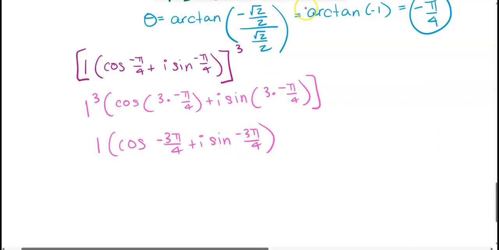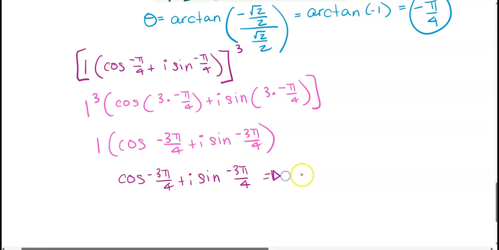I could write it like that, but I'm going to tell you right now, you would not see that if this was a multiple choice question or presented to you in some way. You wouldn't see it written like this with this 1. You would just see cosine negative 3 pi over 4 plus i sine negative 3 pi over 4. So that's how that would be presented.